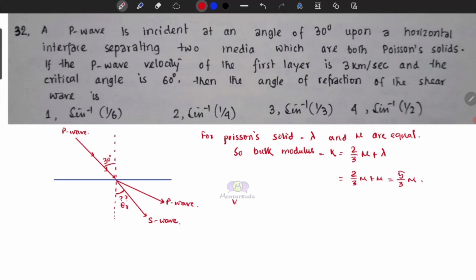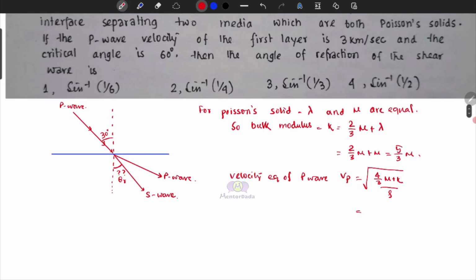Now the velocity equation of the P wave is Vp equals root of (4 by 3 mu plus k) by rho, where rho is the density of the medium. Put k equals 5 by 3 of mu.